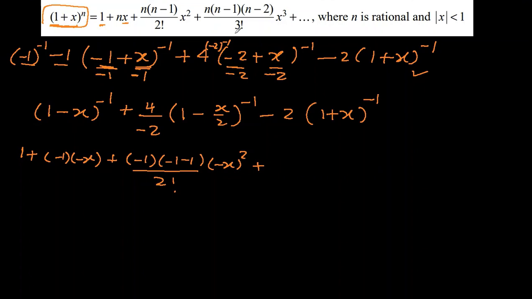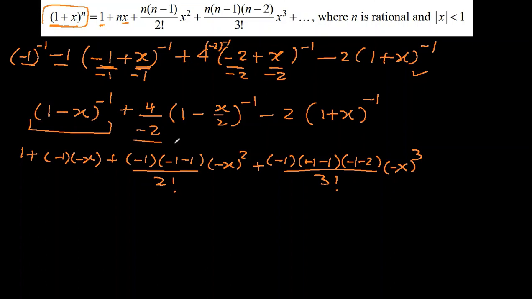Then it is (-1)(-1 - 1)(-1 - 2) divided by 3 factorial times x cubed, and you guessed it right this time, again (-x) cubed. This is the expansion of just this.